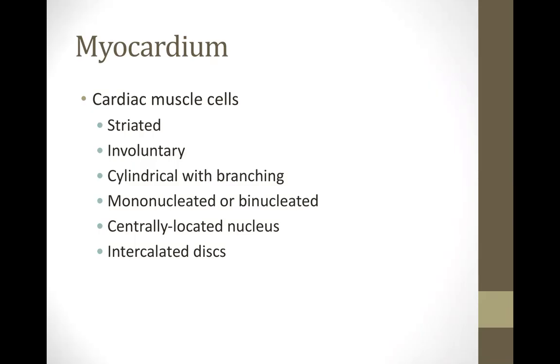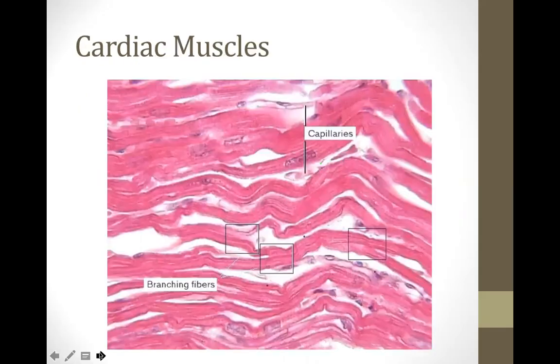How many nuclei do cardiac muscle cells, or cardiac myocytes, have? They are mononucleated or binucleated, with a centrally located nucleus, and their characteristic structure is the intercalated disc. That is your myocardium.